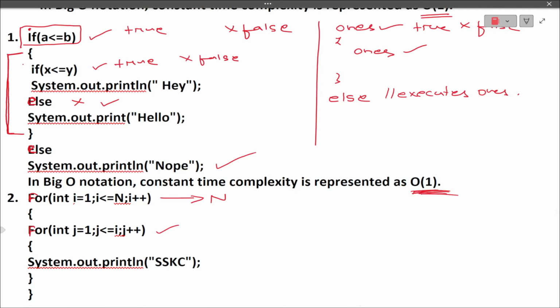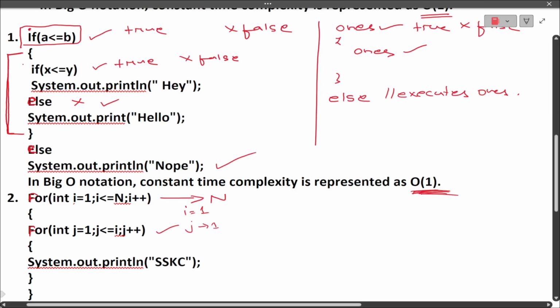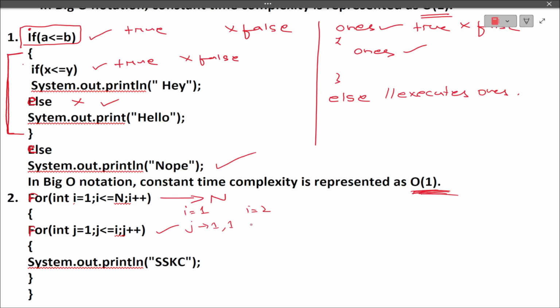If you observe this very carefully, you will see that at first my inner loop will work for once, then for the second time two times, because as my value of i is 1 here, j will start from 1 till 1. If my value of i is 2 for the second time, j will start from 1 and reach till 2.